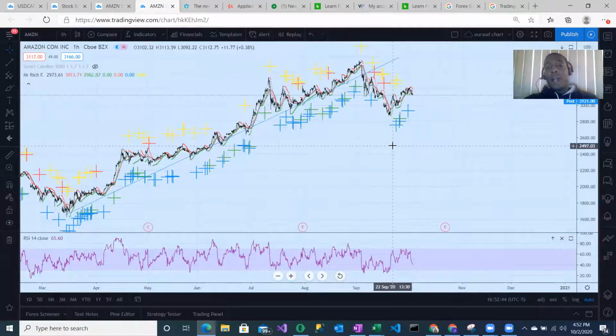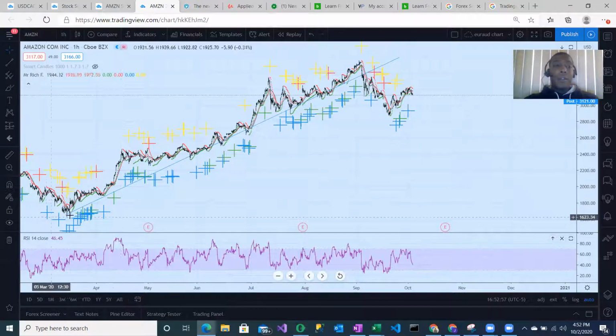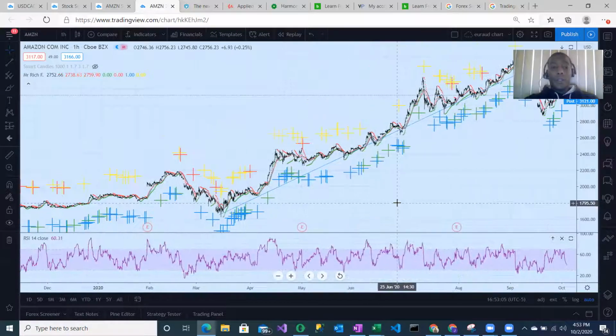It may come down and then go back up, so you would have to measure how far you think it's going to go down and how far you think it's going to go up. It may go up just a little bit and then continue down. We don't know, but I can tell you this often means that something has changed. I could have taken that yellow signal because something changed.